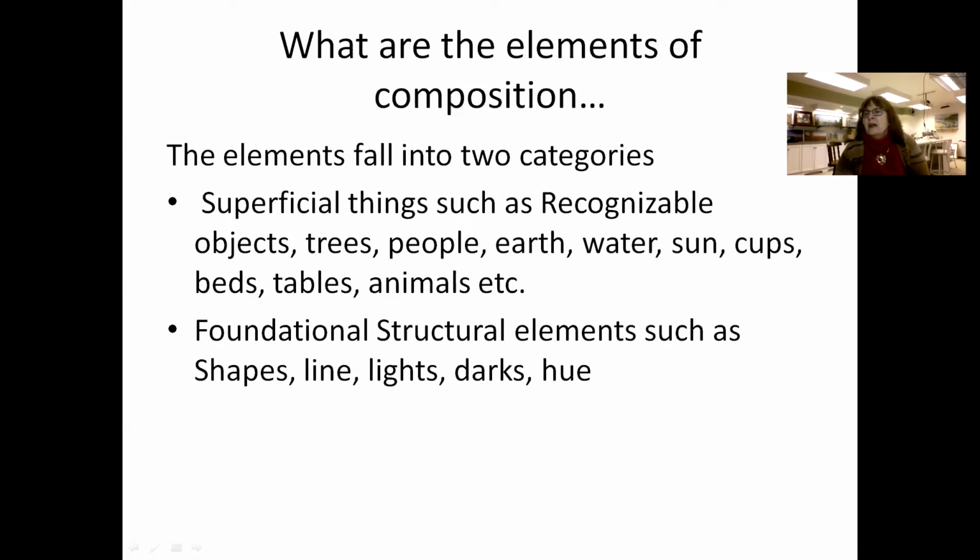What are the elements of composition? There are really two basic categories. One are the superficial things, I'm going to call them superficial things, such as recognizable objects, trees, people, earth, water, sun, cups, table, beverages, whatever thing we are painting, or we may think we are painting, when in fact, the more foundational elements, the foundational structural elements in which you construct anything in a painting are shape, line, lights and darks, and hue.